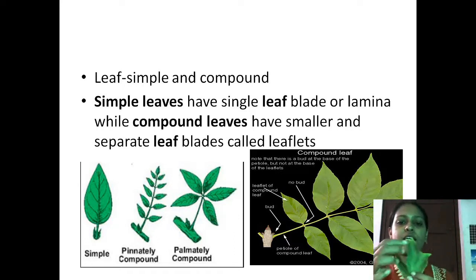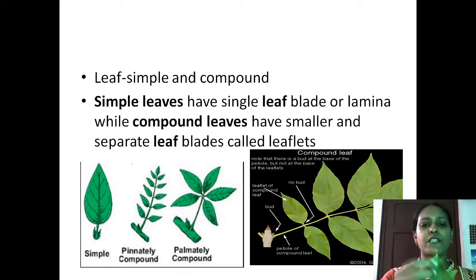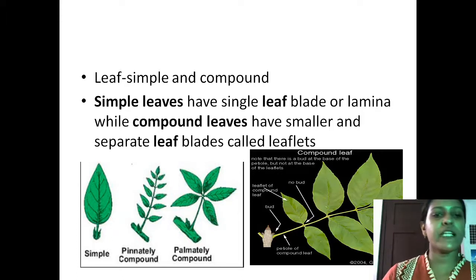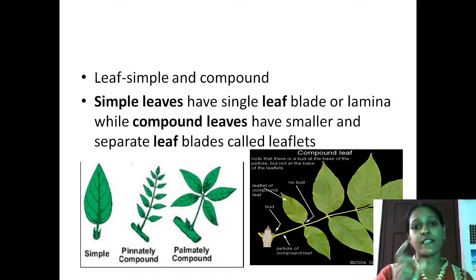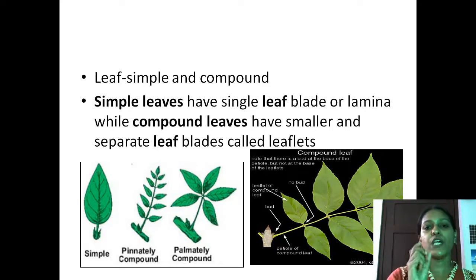Here you could see the splitting of the lamina, the simple leaf itself. If you have a lot of simple leaves together like this, then it's known as palmately compound. And in tamarind and others, you have seen that there are a lot of leaflets. So leaflets are a typical feature of a compound leaf.